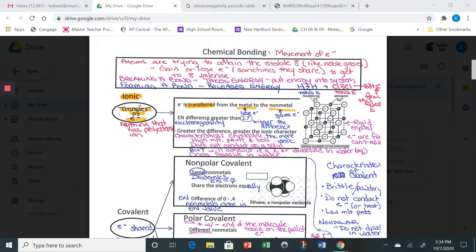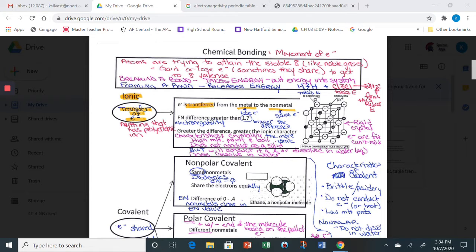So, chemical bonding has to deal with our lovely ADHD electrons. Electrons cannot sit still. They are constantly moving. So, chemical bonding is a representation of what happens when an electron is either moving from one atom to another, causing an ion, or traveling in the space between two atoms and shared. It can be shared equally or it can be shared unequally.